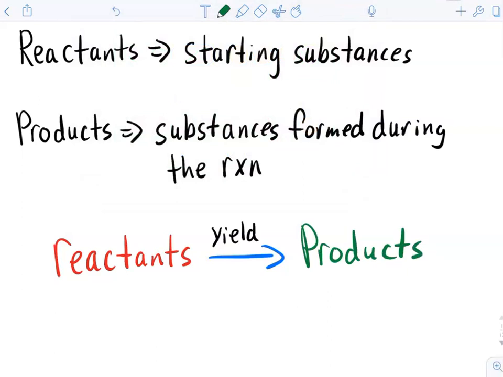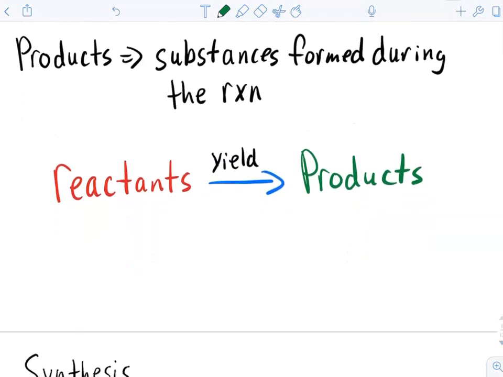So I like to think of this as I put something in and then I make something new. So I have my reactants is what I'm starting with. I'm going to form new things during the reaction. And those are going to be my products. Okay, and there are going to be different types of reactions.